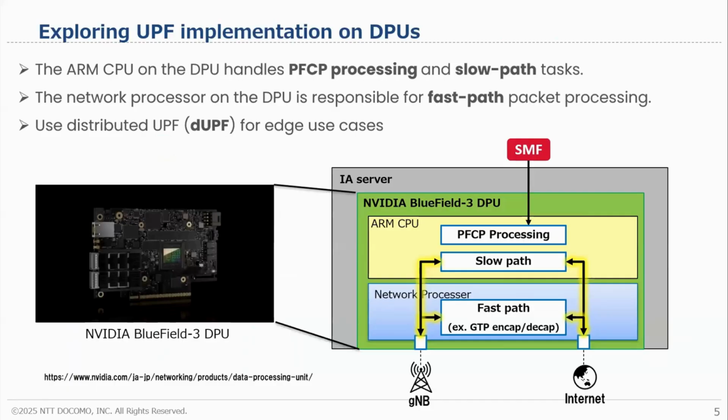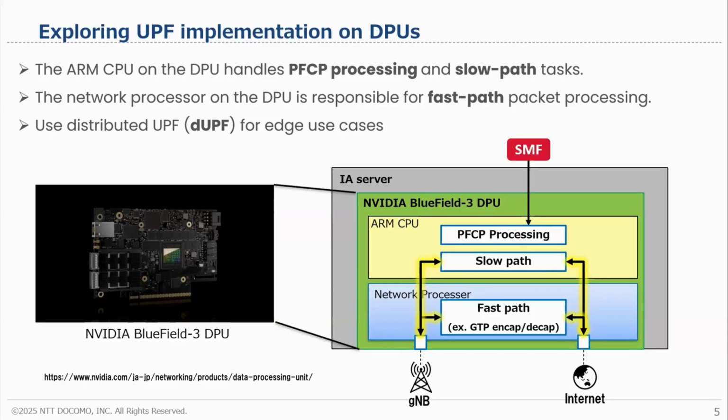Because of this, we have been exploring UPF implementation on DPUs. The details will be explained by Shiku in the next part. The ARM CPU on the DPU handles the PFCP processing and slow path as well, and the network processor on the DPU is responsible for the fast path between the G-Node B and the internet.